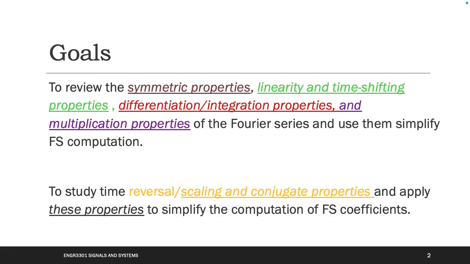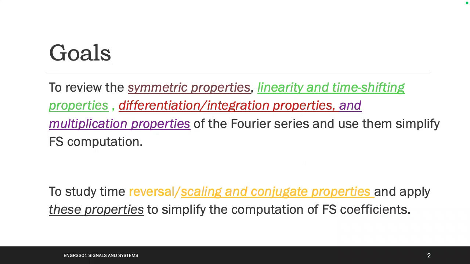We talked about multiplication properties in the last class, and we will go through more examples for that. All these properties have just one purpose: to help us simplify the FS computation and easily find the FS coefficients. If you have the FS coefficients, you can easily use the signal synthesis equation to get the signals. That makes sense to you?